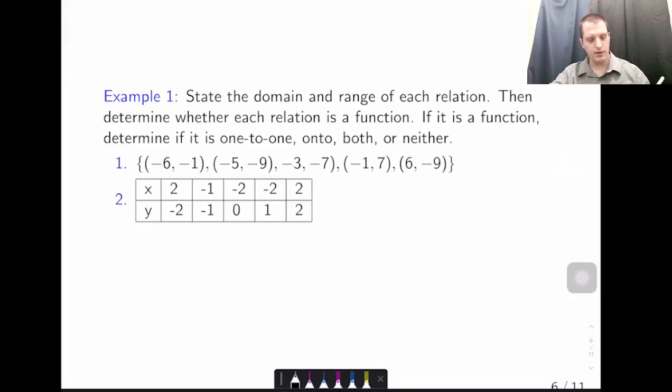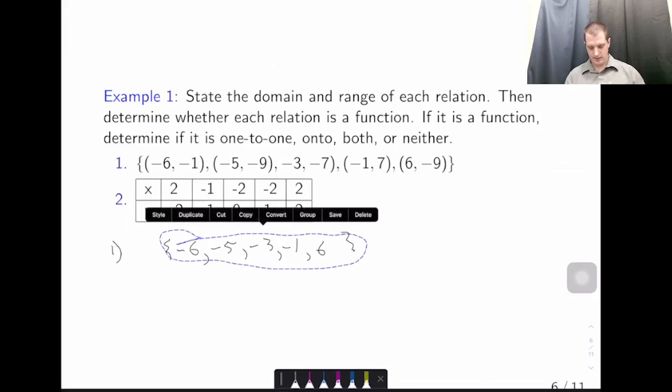So for number 1 here, we're going to just simply start by writing down what our x's are. Our domain is -6, -5, -3, -1, and 6.